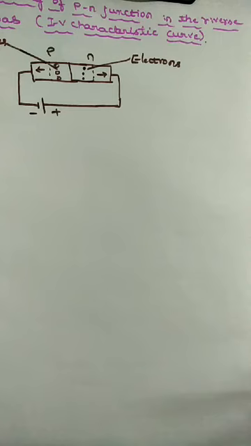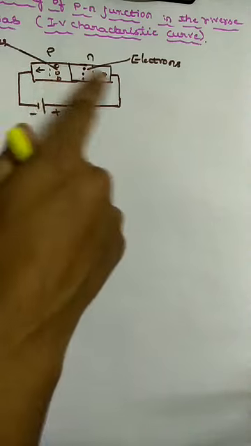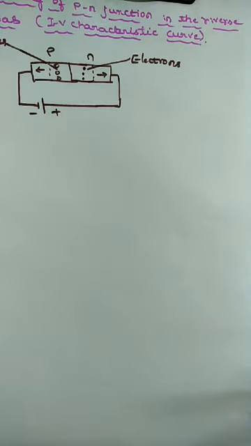Holes are attracted by the negative terminal and electrons by the positive terminal of the battery, so the width of the depletion region and potential barrier increases, as you can see the potential barrier increases here.